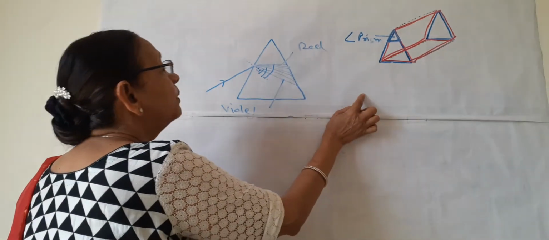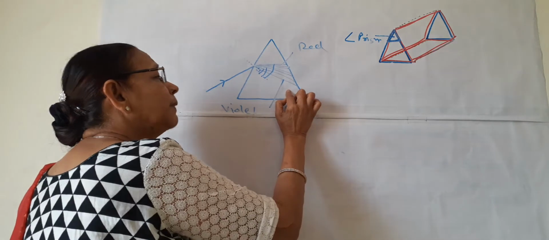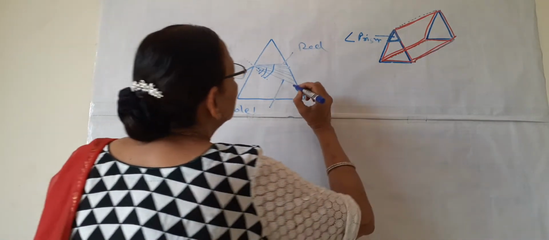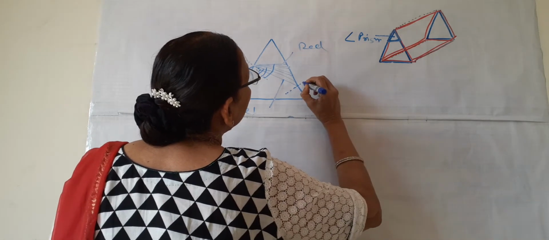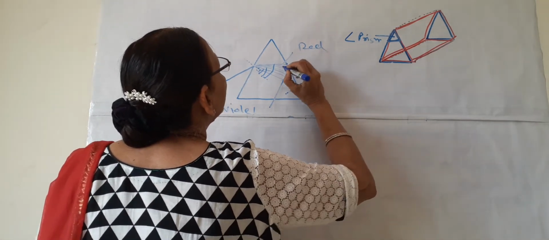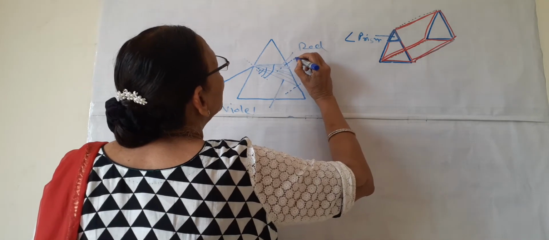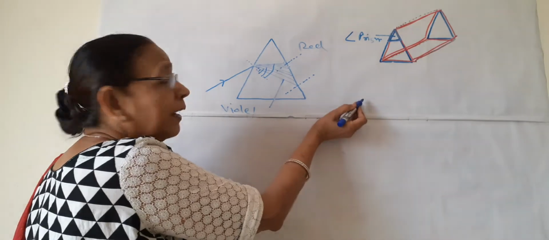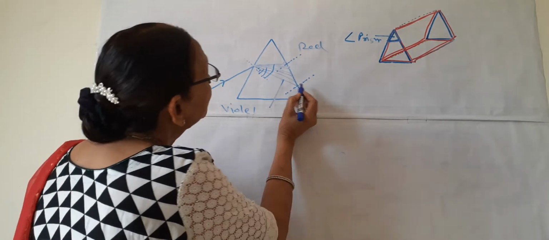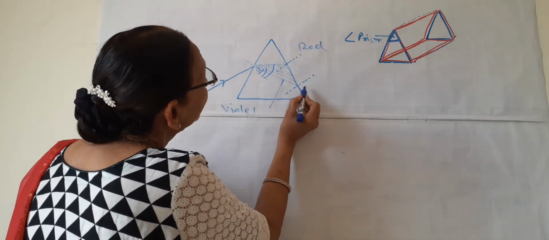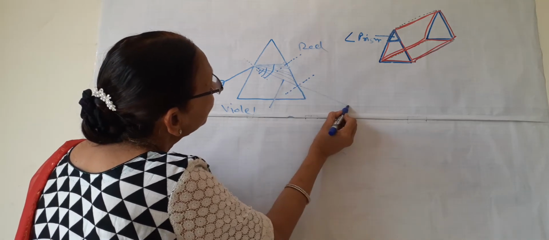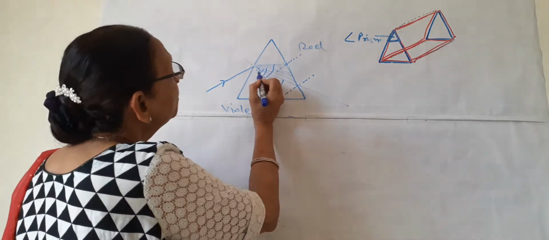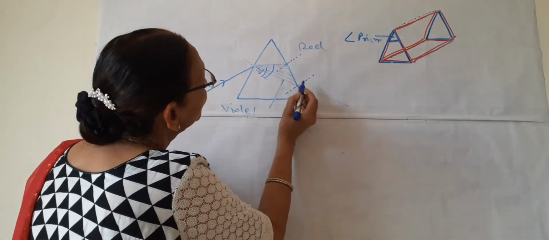Now they come out from the dense to the rare medium. So what will they do? Suppose I again draw a normal, and for red I will again draw a normal. It is coming to the rare medium, so this violet color ray will go away from the normal. Here it bends towards the normal, now it will go away from the normal.